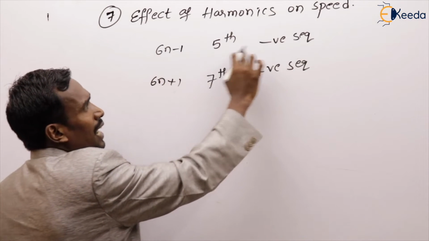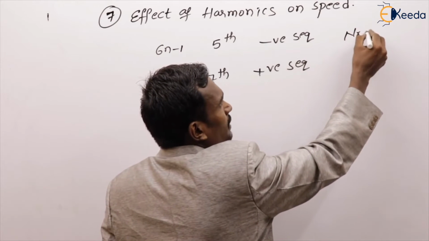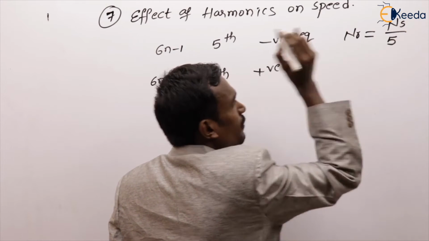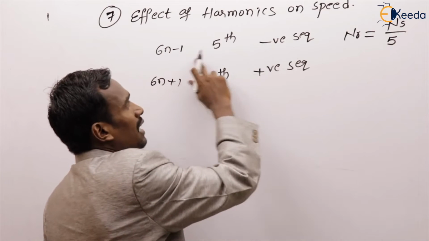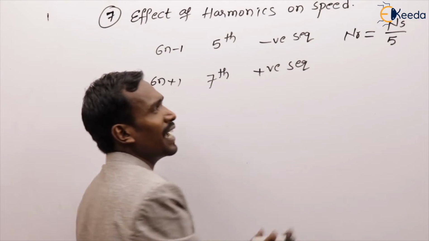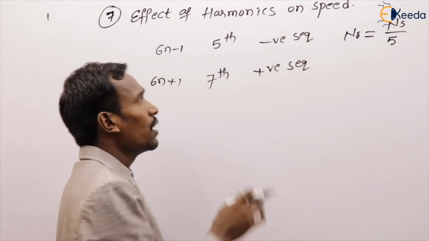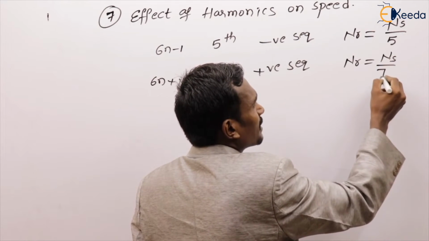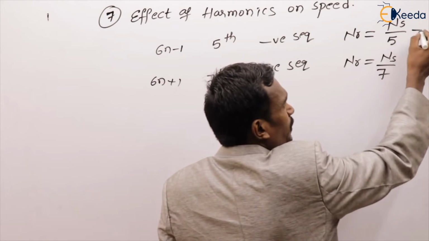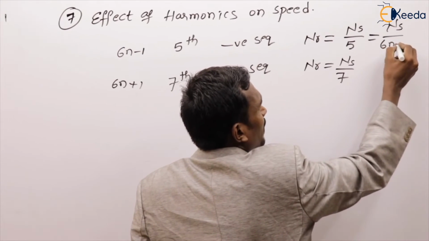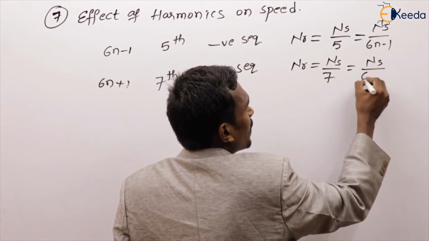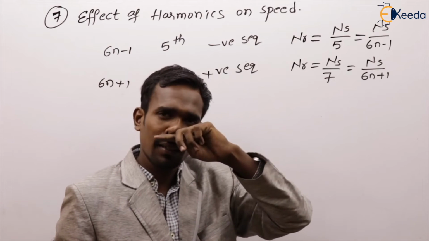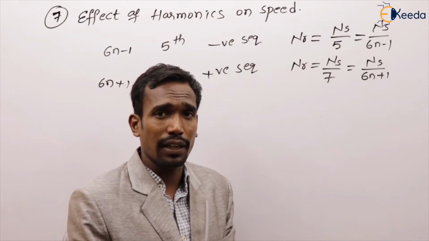Due to these harmonics, the rotor constantly rotates at Ns by fifth, or Ns by seventh speed. Ns by fifth is nothing but Ns by 6n minus 1, and this is nothing but Ns by 6n plus 1. The rotor constantly rotates at this speed.